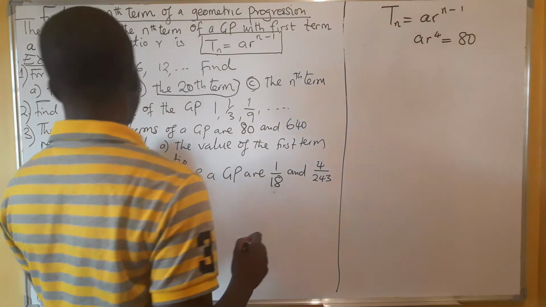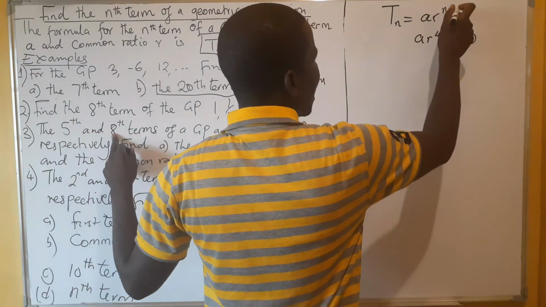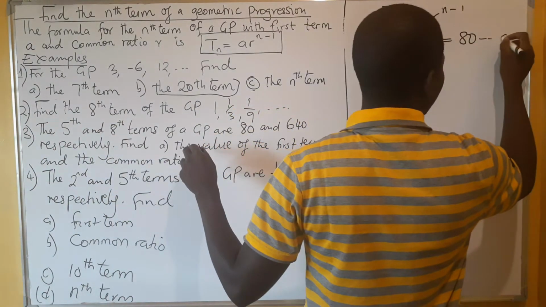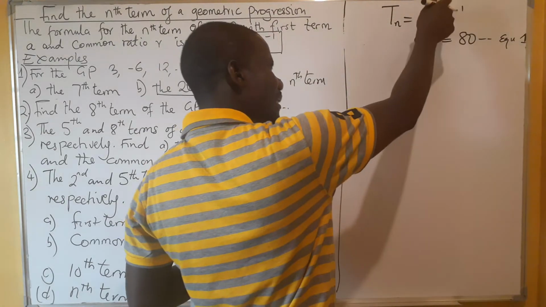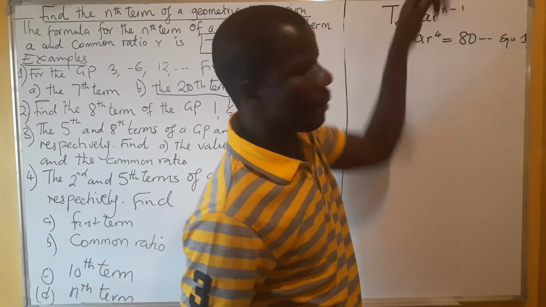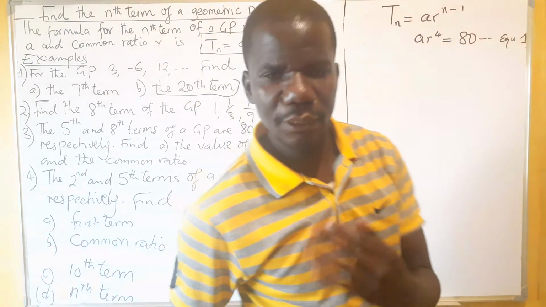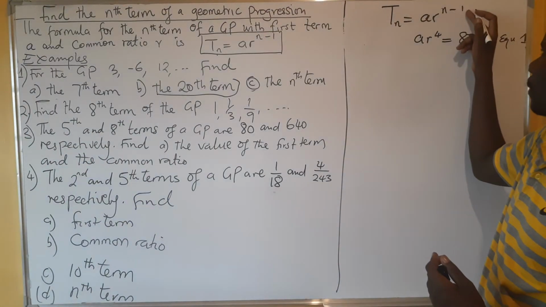Then the second one, again, is the 8th term. So it will be the same thing. The 8th term, what will happen to the 8th term? Here where there is n, we put 8. When we put 8 there, it's going to be 8 minus 1. So we're going to have 7.